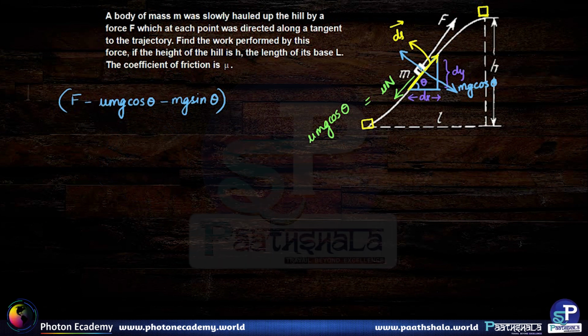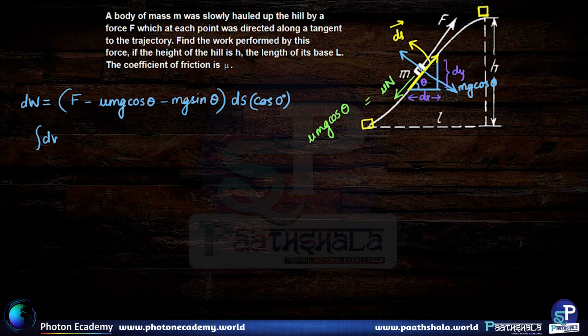So if I just write ds over here now and cos 0, then I get dw. Net work done is equal to change in kinetic energy.